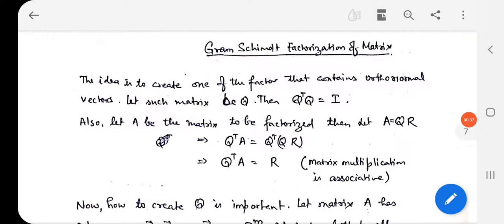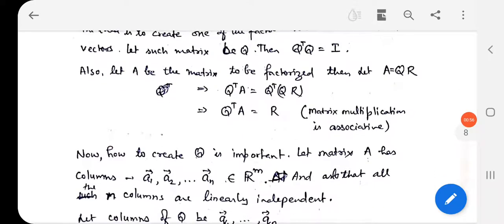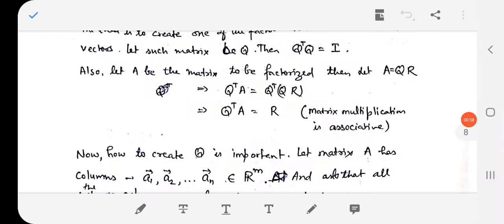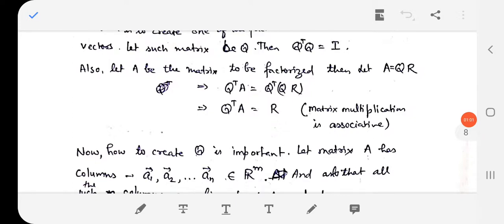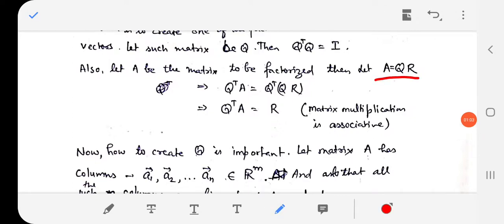The objective of this particular factorization is to make one of the factors an orthogonal matrix, so that q transpose q is I. So let us suppose the factorization gives A equals QR.